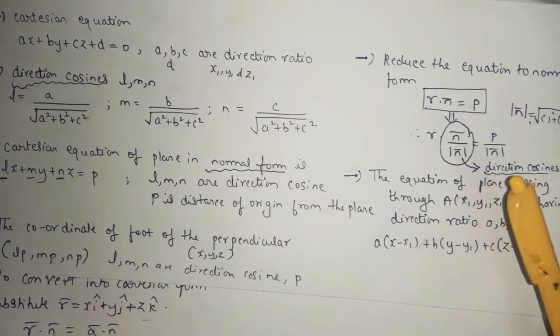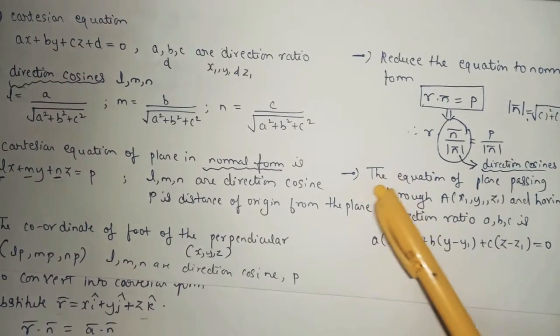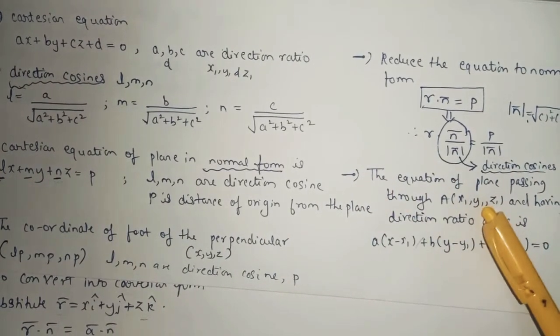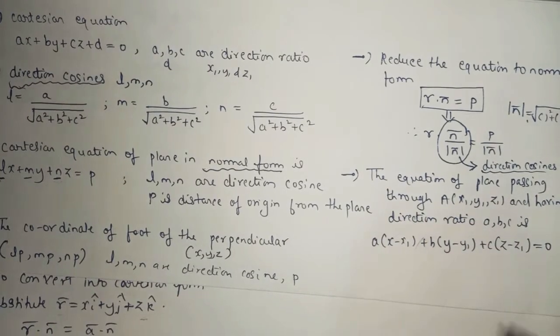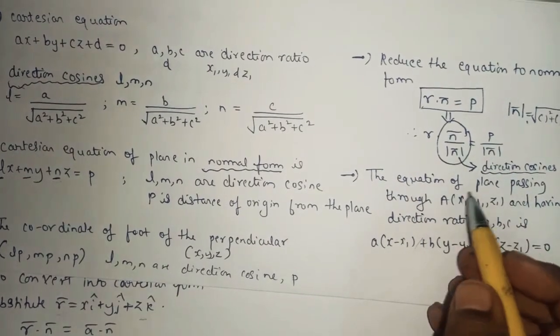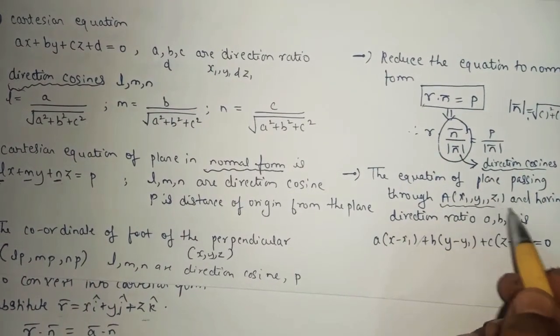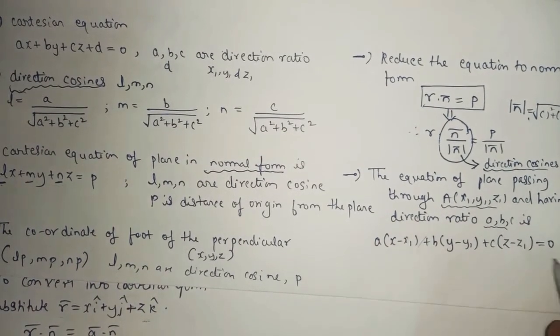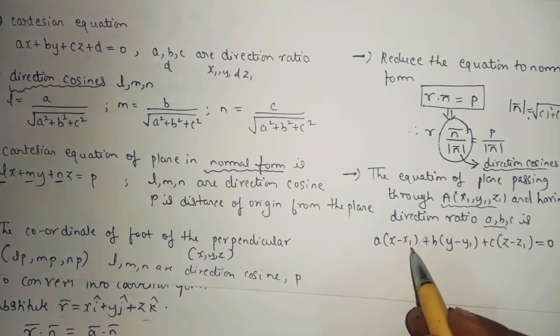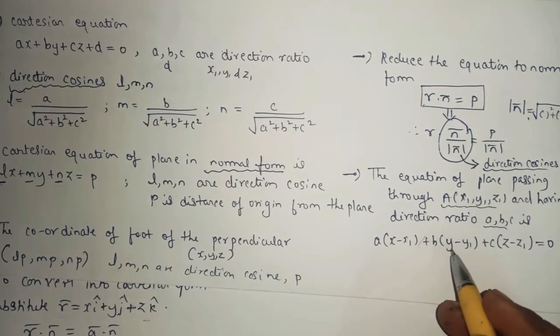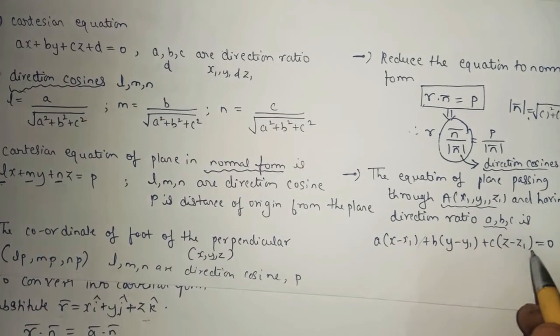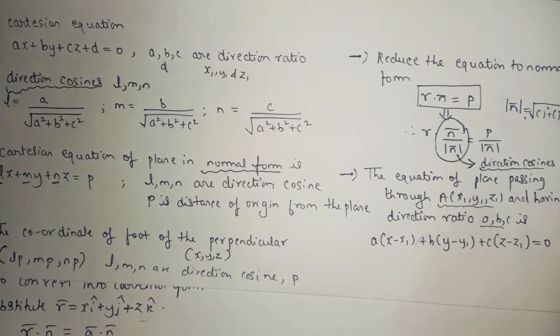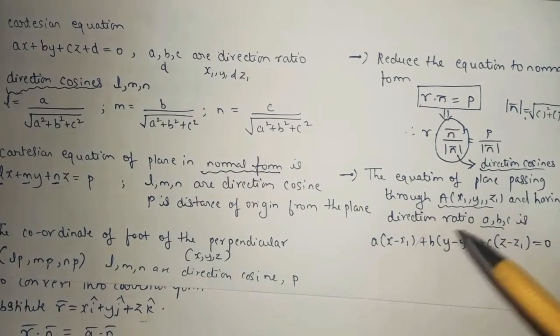There is one more concept, the equation of plane passing through a point and having a direction ratio. There is one formula: a(x minus x1) plus b(y minus y1) plus c(z minus z1) equals 0.